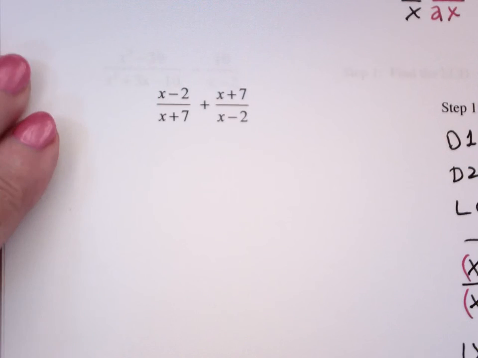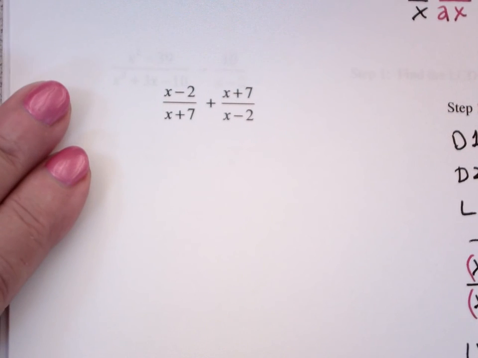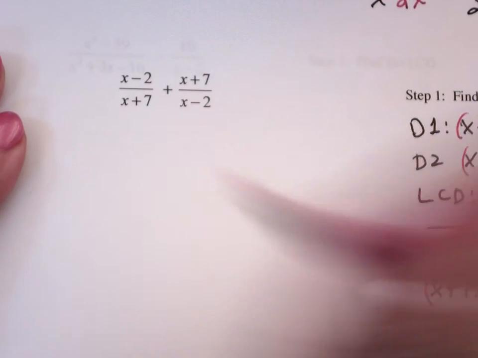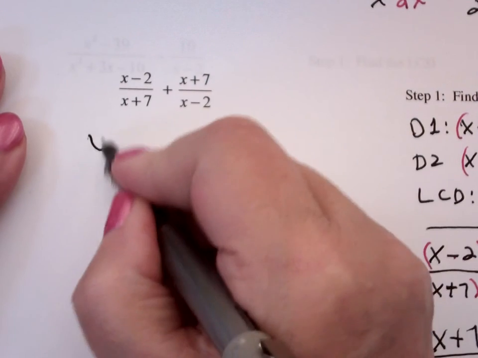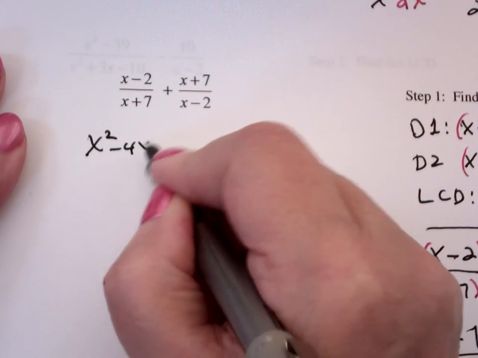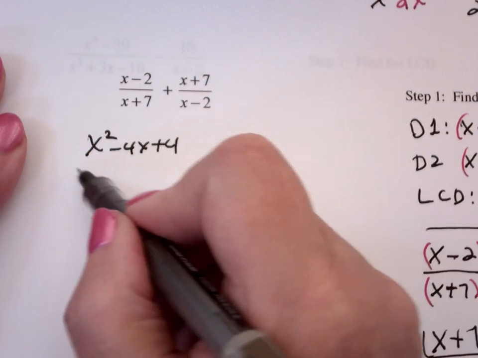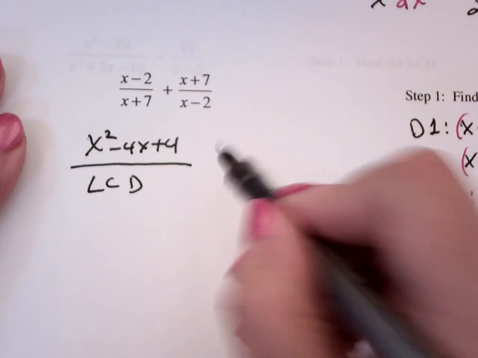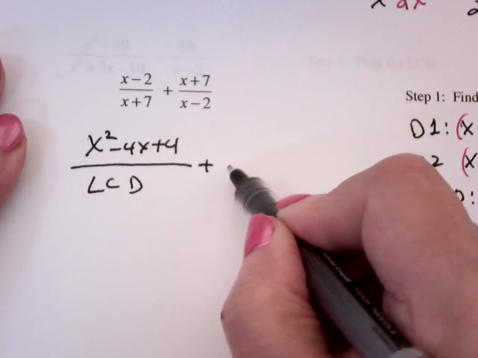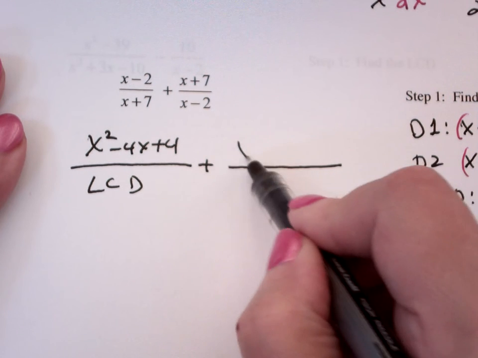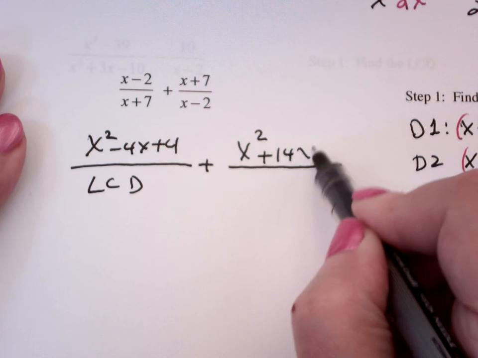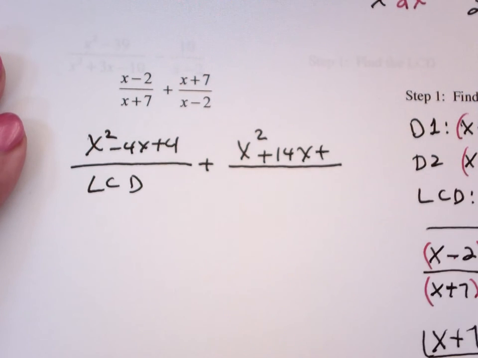So we're going to take the two equivalent fractions. So x minus 2 over x plus 7 turned into x squared minus 4x plus 4 over, and I'm just going to say LCD because I don't want to write it all. This one turned into x squared plus 14x plus 49.